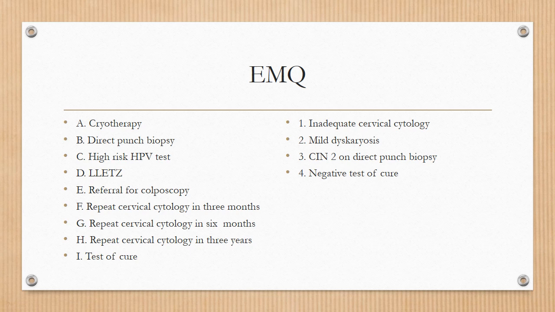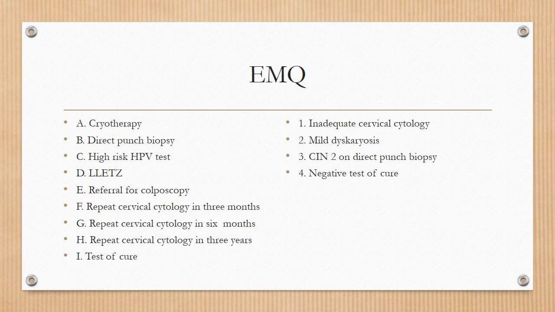Now, extended matching questions. If there is inadequate cervical cytology, what are you going to do? Options: cryotherapy, direct punch biopsy, LLETZ, repeat referral colposcopy, repeat cervical cytology in 3 months, 6 months and 3 years, test of cure. What's your answer? You have to match. Then when there is mild dyskaryosis, what are you going to do?